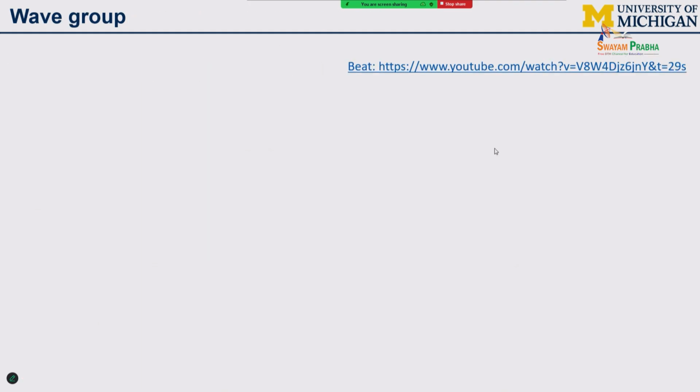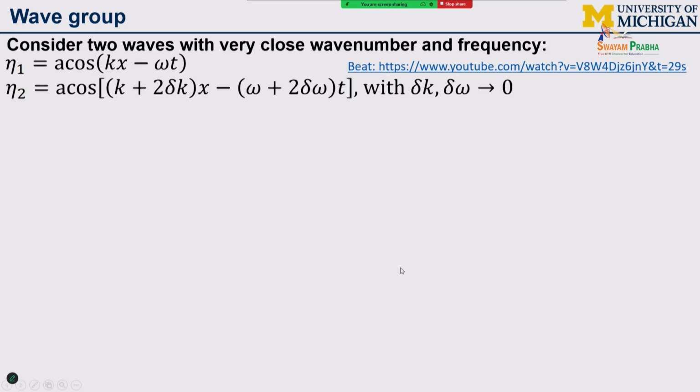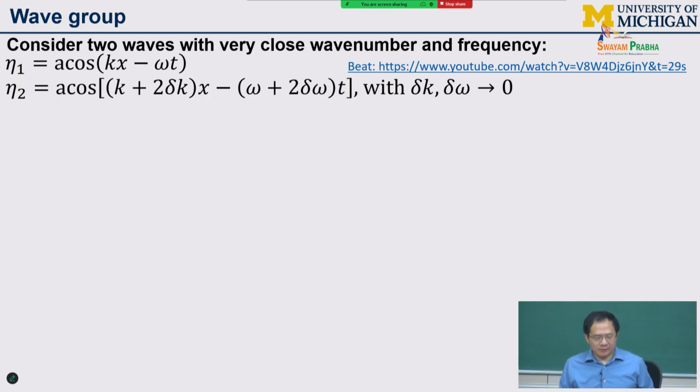Okay. Another thing we need to understand is what a wave group means, and there's another YouTube video to see the beat phenomenon. I skip that one and go directly to the beat. Basically, you have a wave with frequency omega and wave number k, right?